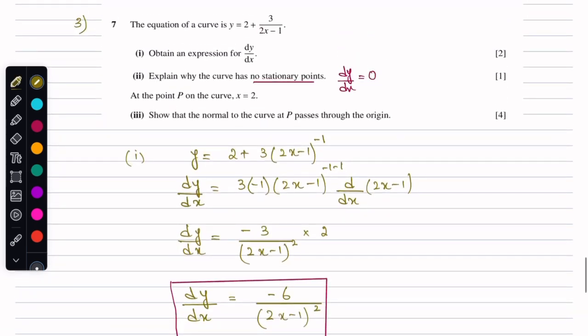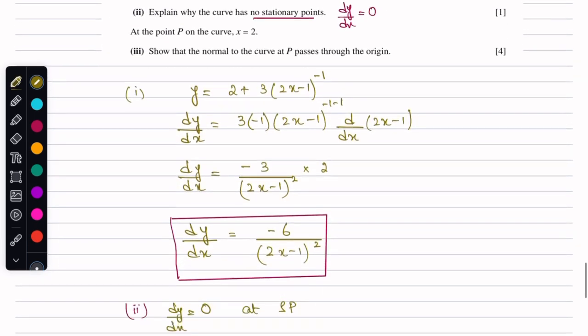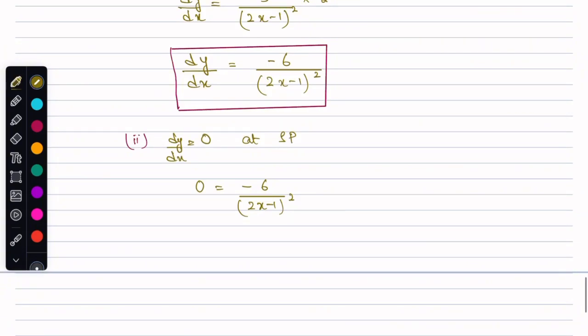They are asking us why the curve has no stationary point. So I'm going to just write that this is impossible to solve for x. Therefore, there is no stationary point.